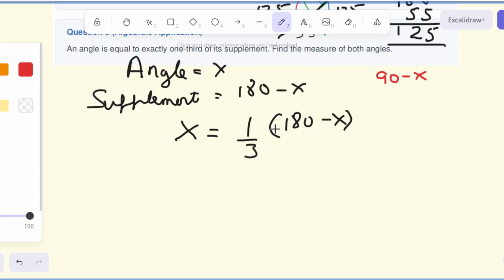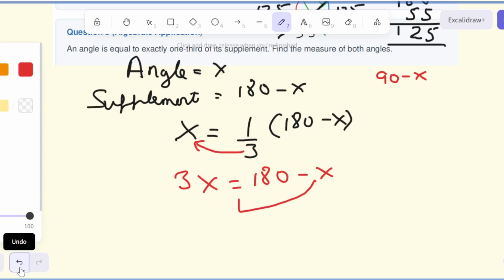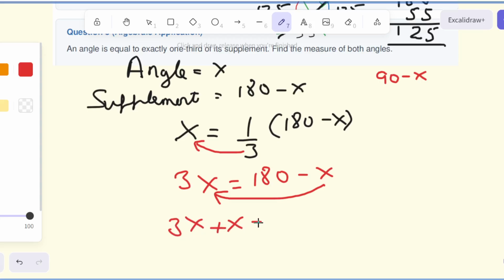Correct. Now take 3 to the side. So 3x equal to 180 minus x, right? Now take x to the side. 3x plus x, because minus x becomes plus x.